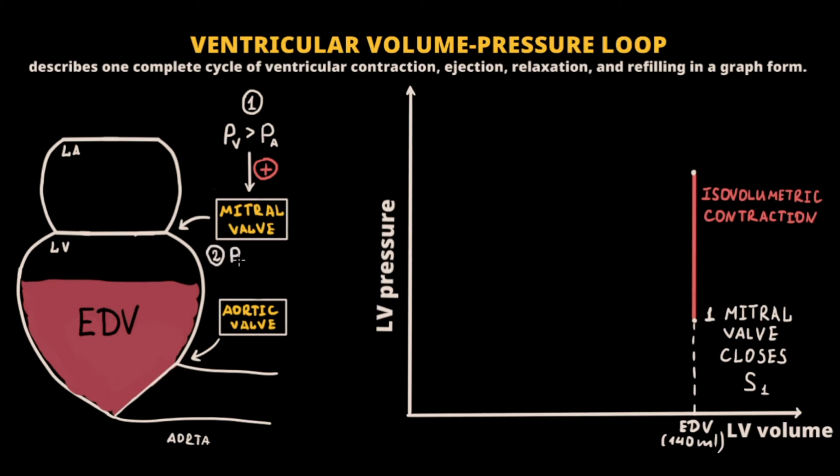When ventricular pressure becomes higher than aortic pressure, it leads to opening of the aortic valve. After the opening of the aortic valve, blood is rapidly ejected from the left ventricle to the aorta by the pressure gradient. The opening of the aortic valve is represented by point 2.